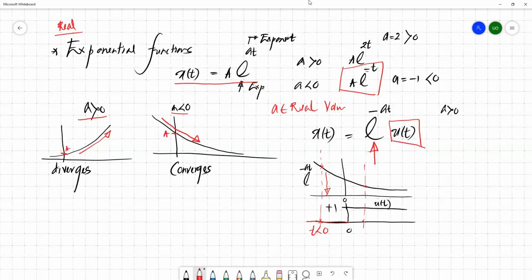And whatever values appear after t equals 0 are simply multiplied by 1. So the magnitudes are multiplied with 1s and the others with 0. The result is this kind of function, which is actually e to the power minus at times u(t).